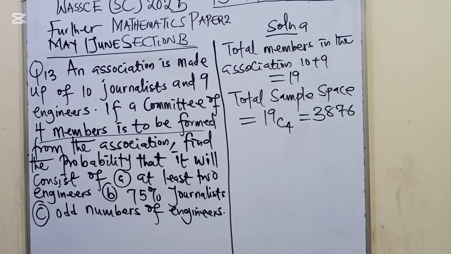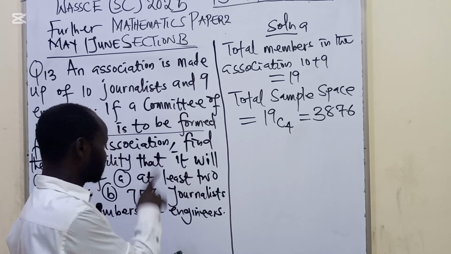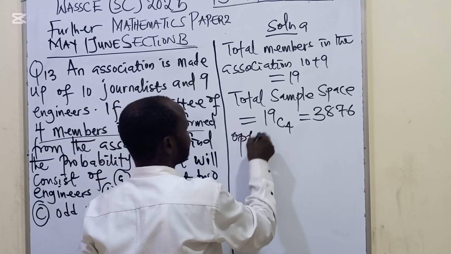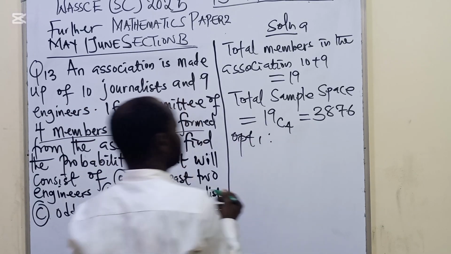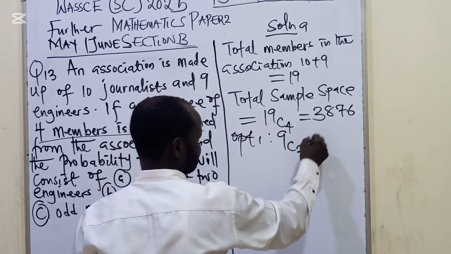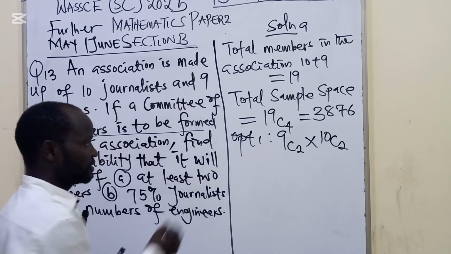But now, at least 2. So there is a restriction now. Option 1, we can pick 2 out of 9 engineers multiplied by 2 out of 10 journalists.